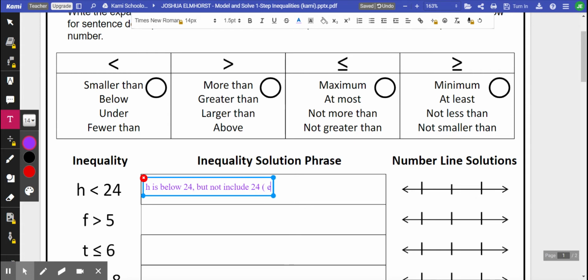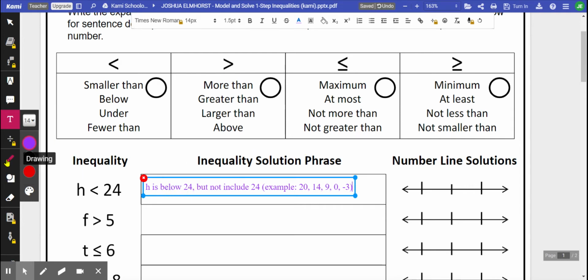We could say an example would be 20, that is less than that. Could be 14, could be 9, could be 0, or even negative numbers. Let's say -3.